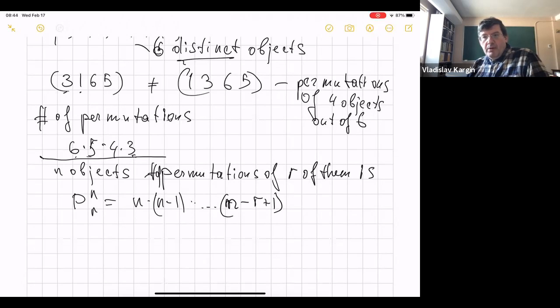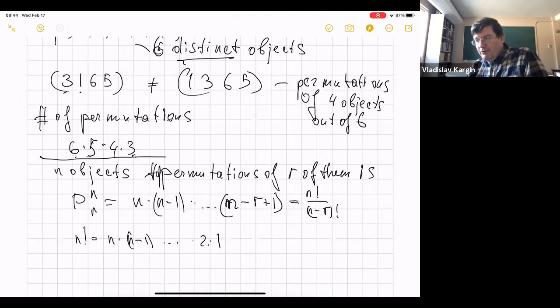As a reminder, this can be written as n factorial divided by n minus r factorial, where factorial is just the product of all the numbers: n factorial is n times n minus 1, and so on, times 2 times 1.